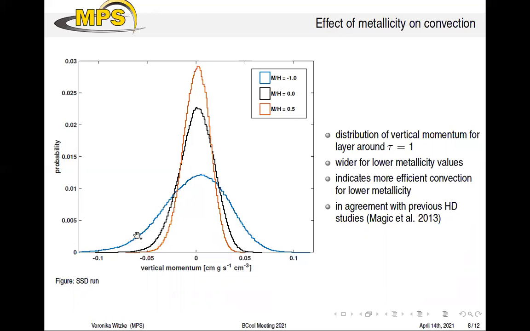It means that we have much more extreme values in the convection, much more momentum transport. If we then go to the solar case, and then to the 0.5 case, our distribution gets narrower and steeper. This is the SSD run, and this indicates that the convection becomes much more efficient for lower metallicity stars.